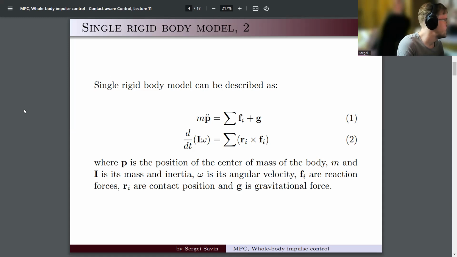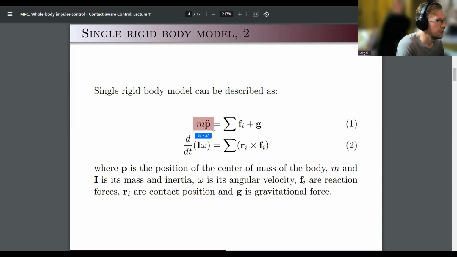So this single rigid body behaves the following way. The second derivative of the position of the center of mass multiplied by mass would be governed by reaction forces and gravity. That is Newton's second law. So just the sum of all forces equals the derivative of momentum, or another way, acceleration times mass equals the sum of all forces.